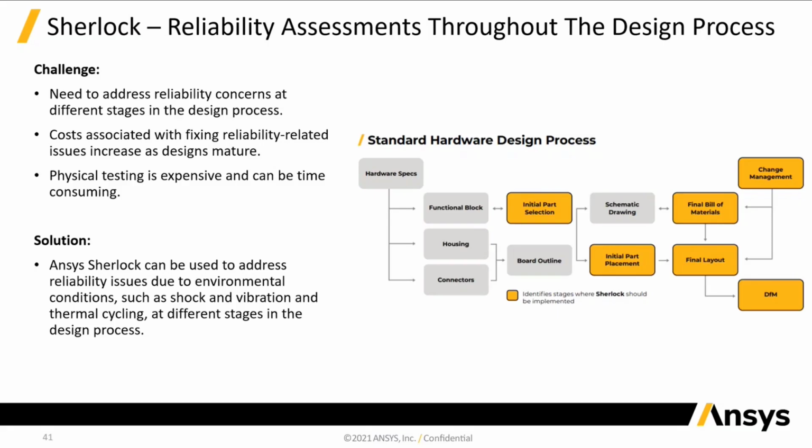And the idea here is that you're assessing to see if you're going to have issues later on. So perhaps you may need to change some of the components, maybe go from plastic to ceramic. Maybe you need to change the material of your printed circuit board. And you can do this very early on, before you've really done any sort of main design.